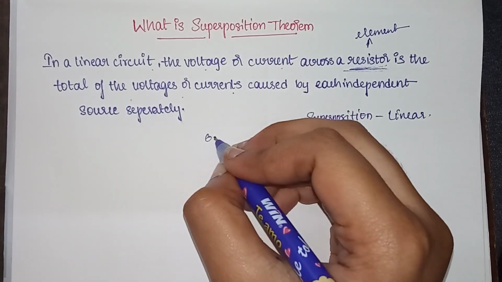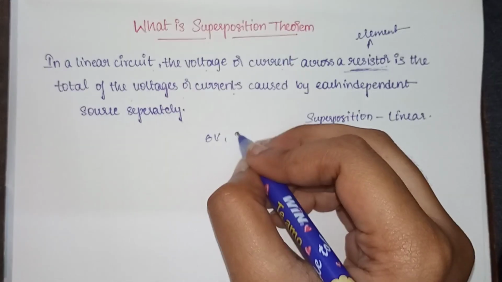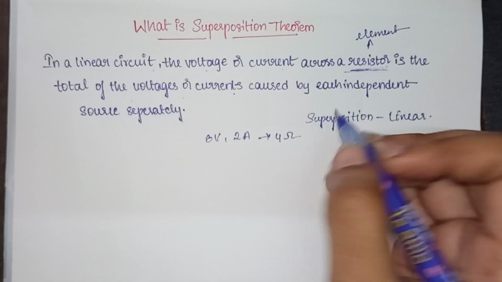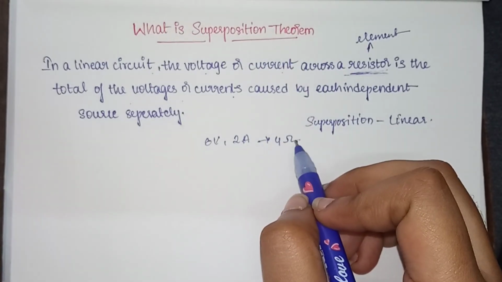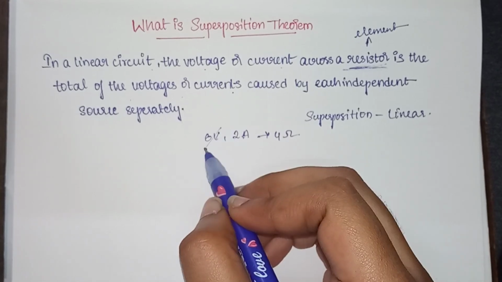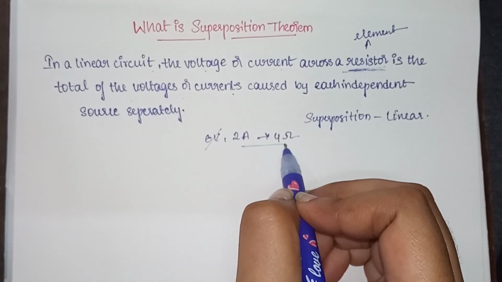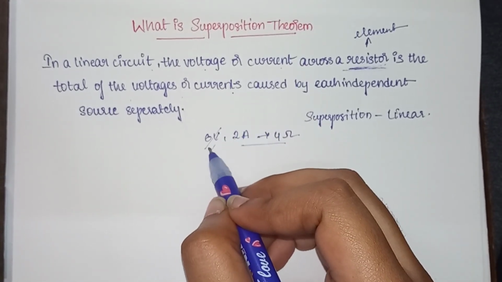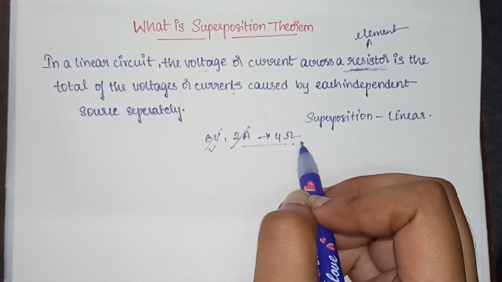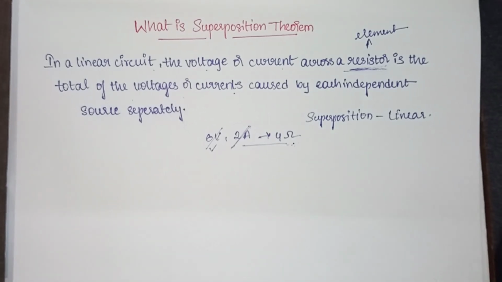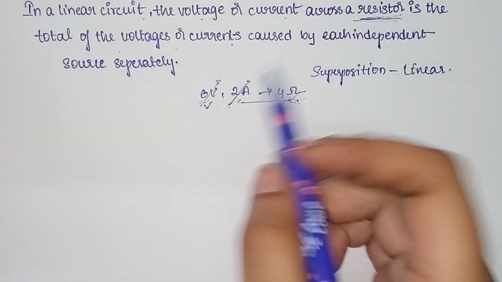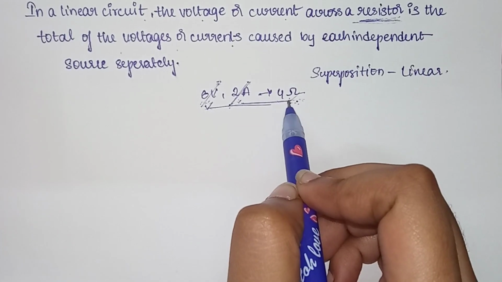For example, if we have 6 volts of voltage and 2 amperes of current for a resistance of 4 ohms, how will we calculate? First we eradicate the 2 amperes and calculate with 6 volts, and then again we keep the 6 volts and remove the 2 amperes and calculate this part, and you add the answers. This might be a bit confusing for you now. To understand this properly, we'll deal with an example.